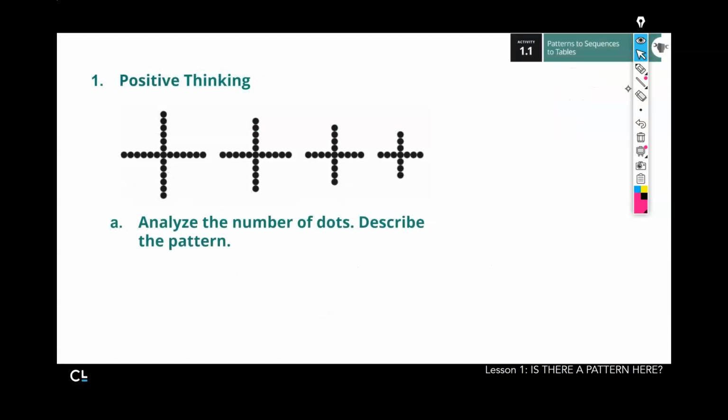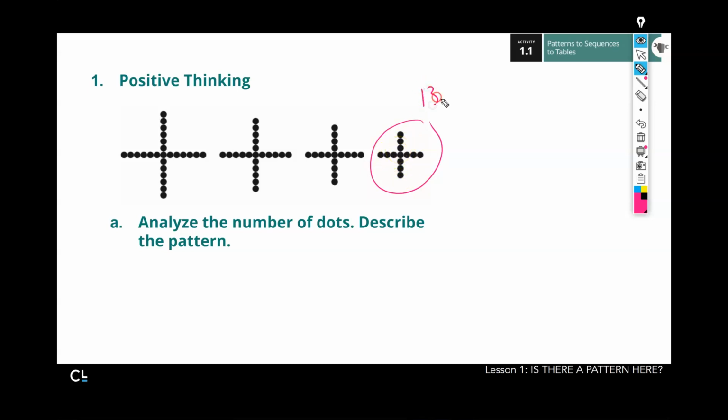Number 1, positive thinking. Analyze the number dots. Describe the pattern. Each figure has 4 fewer dots than the figure before it. If we look at this one and count up all the dots, 1, 2, 3, 4, 5, 6, 7, 8, 9, 10, 11, 12, 13.